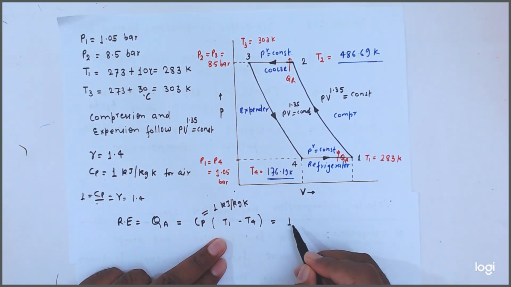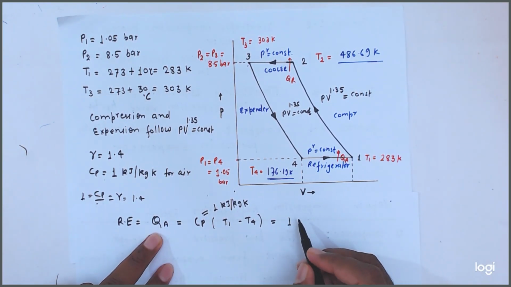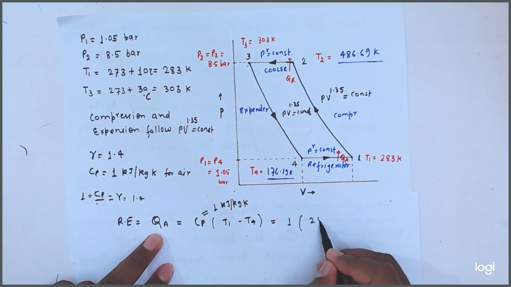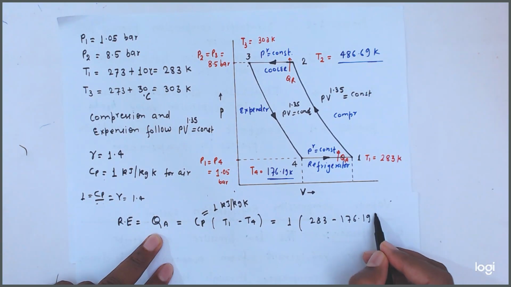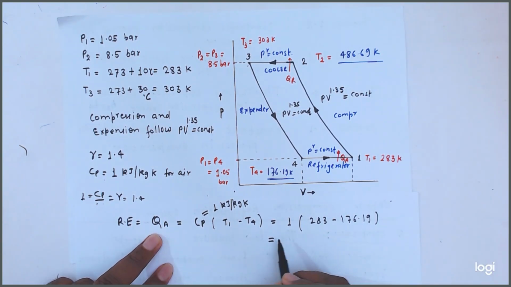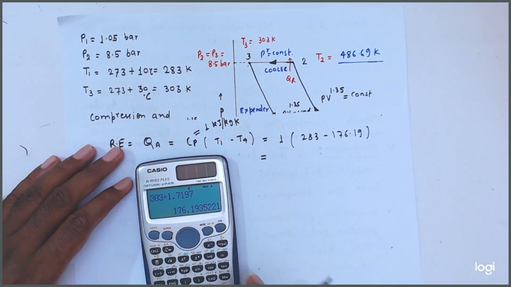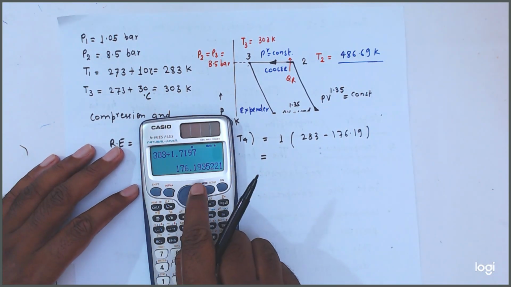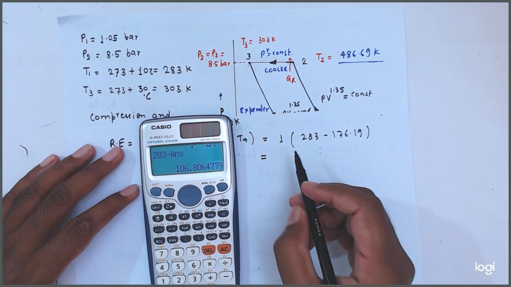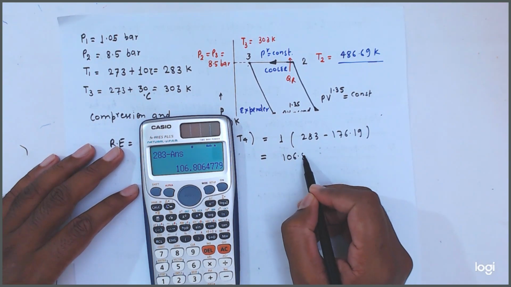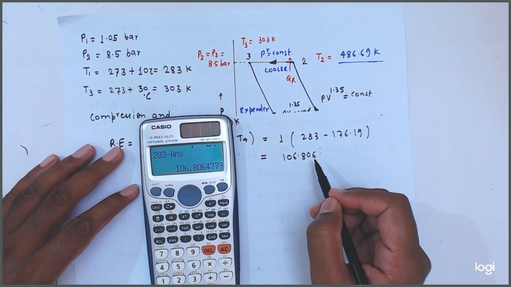So what is the value of heat absorption? Equal to 283 minus 176.19 Kelvin. So 283 minus 176.19 will give 106.806.